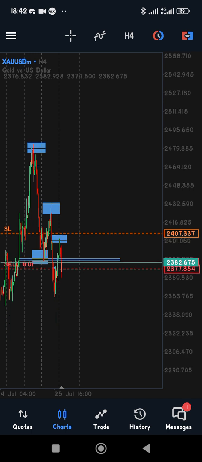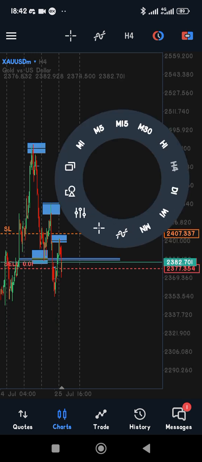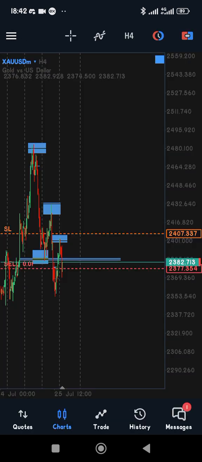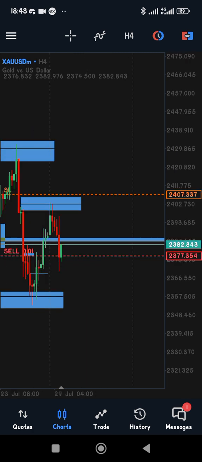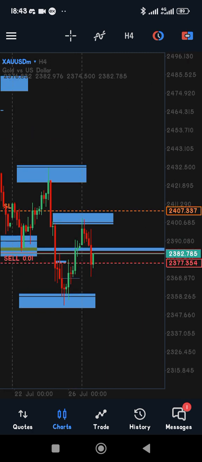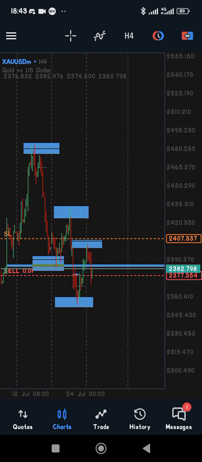Yeah, when you see something like that, that is a downtrend. When the market is forming higher high, lower low, lower high, lower low, lower high, that is a downtrend. So the same thing happened to gold over here.